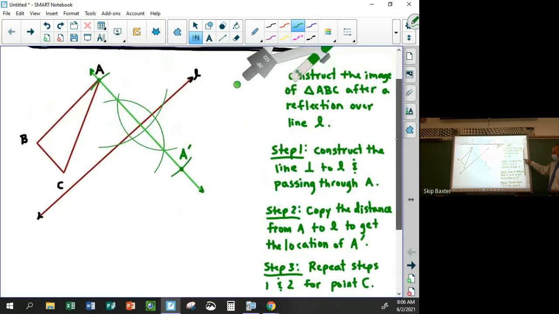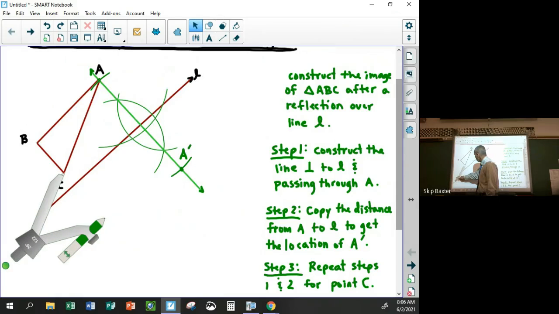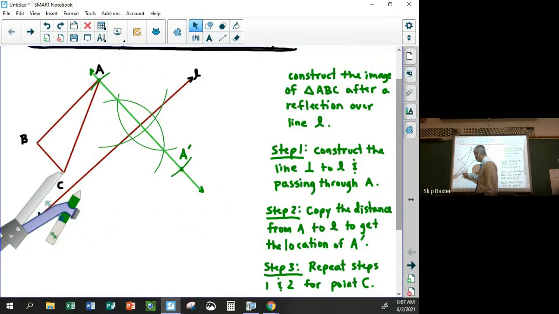Okay, so steps 1 and 2 were, we take the compass, put the point of the compass at C, make sure the compass is open wide enough that it will intersect the line twice, and draw that arc.